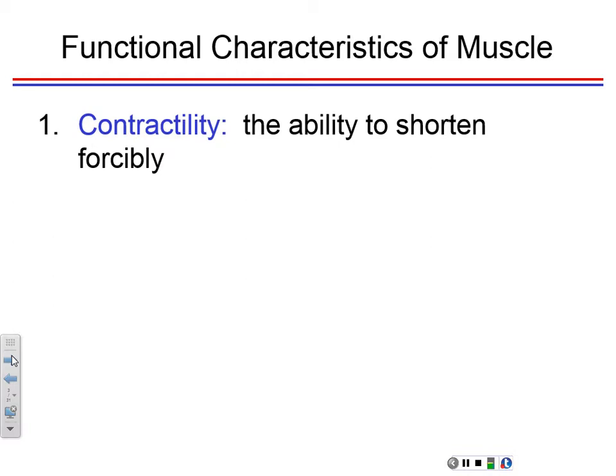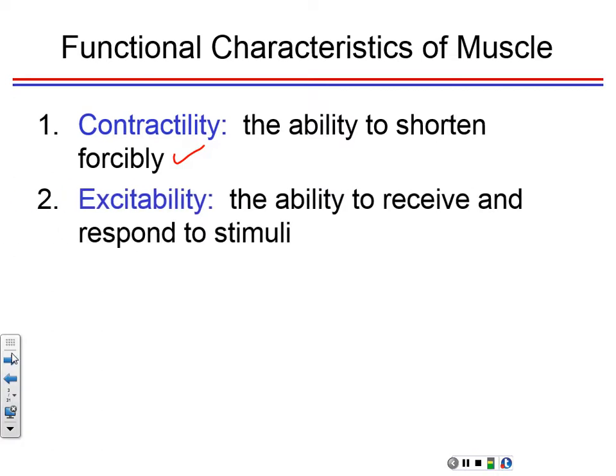Contractility is a functional characteristic because it can contract and produce a force when it does that. It is an end result, an action that comes with that characteristic. Contractility is the ability to shorten forcibly and produce a force that can propel me to walk forward like I'm doing.